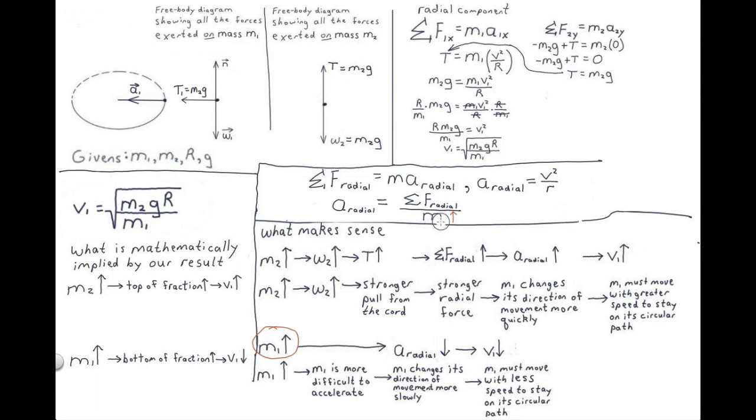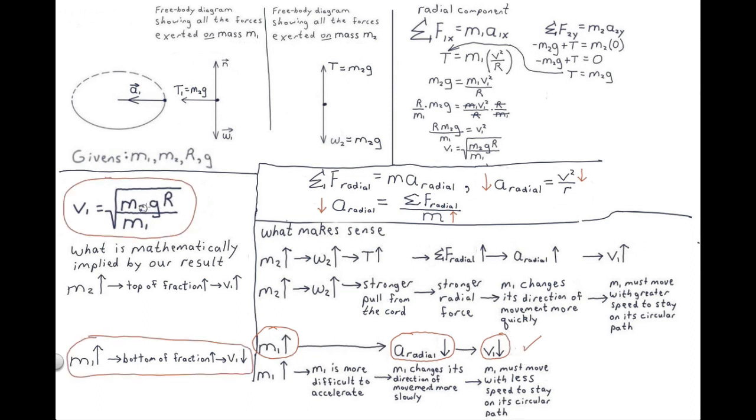So, if we increase the mass of object 1 while holding the net radial force constant, then the radial acceleration must decrease. According to this equation, decreasing the radial acceleration while holding the radius constant means that the object's speed must also decrease. So yes, it makes good sense that increasing m1 will decrease v1, just as our result mathematically implies.